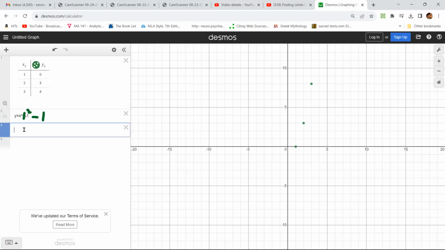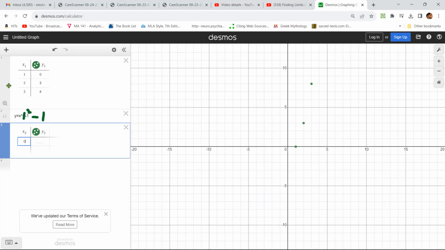tricky for students. When you're graphing it, I'm going to add another table in here. So here's my table, and I'm going to have to choose values that are less than 1. So let's say I choose 0.